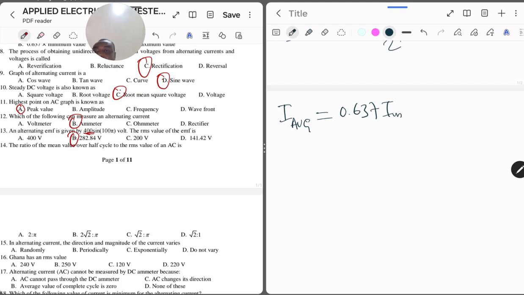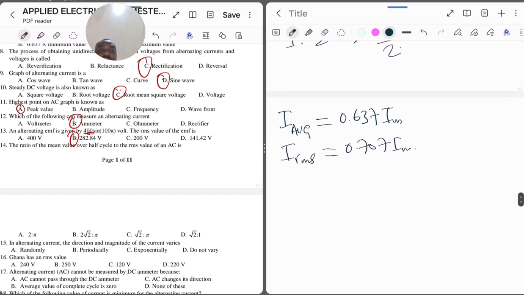Now the root mean square value for current: RMS equals 0.707 times the maximum. So we have to find the ratio of these two.